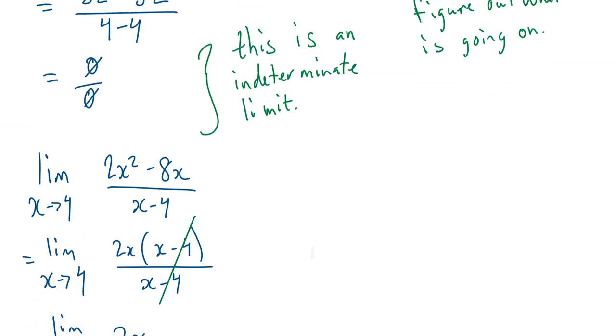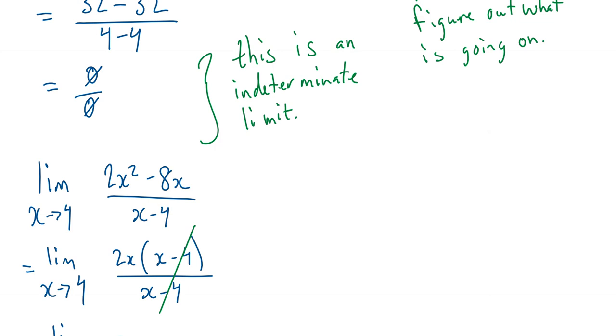Okay, so again, just to recap quickly, this happened because we had an indeterminate limit. So we had to do more work to see if there was a limit or not and what the limit was. And in this case, our strategy was to factor.